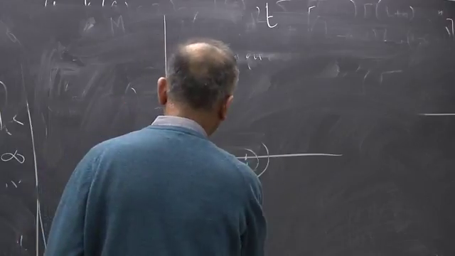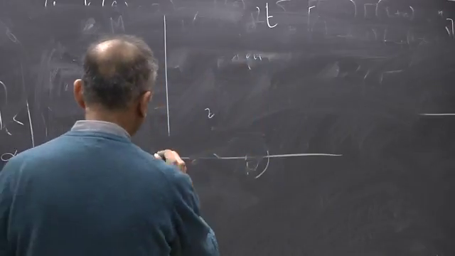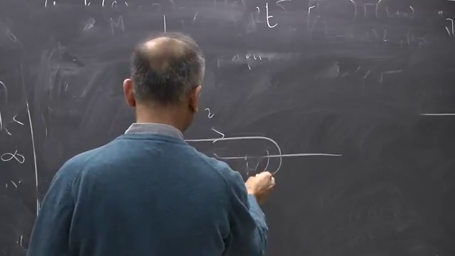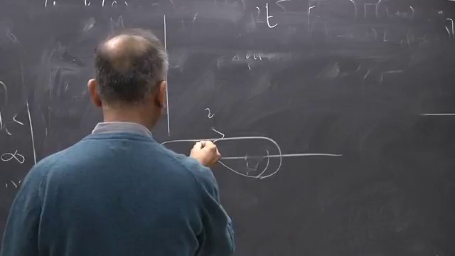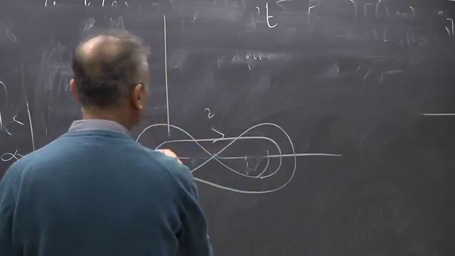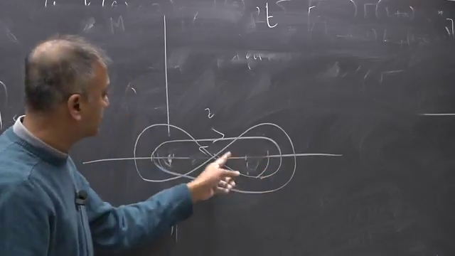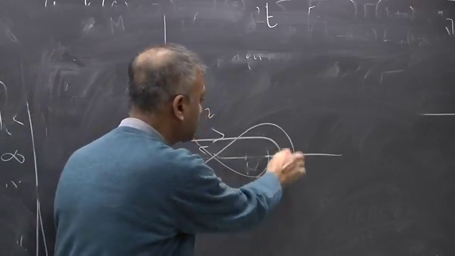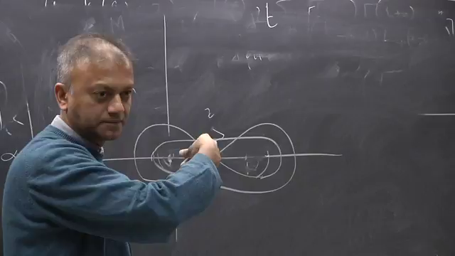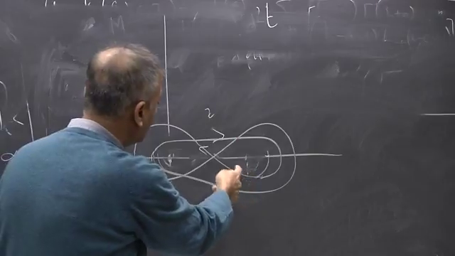For example, if I go around this, come here, then go around like that, come here, go around like that. You can choose various contours such that every time you go around some of these branch points, you go to a different sheet. But then you can go backwards: first you go one sheet up, then one sheet down.